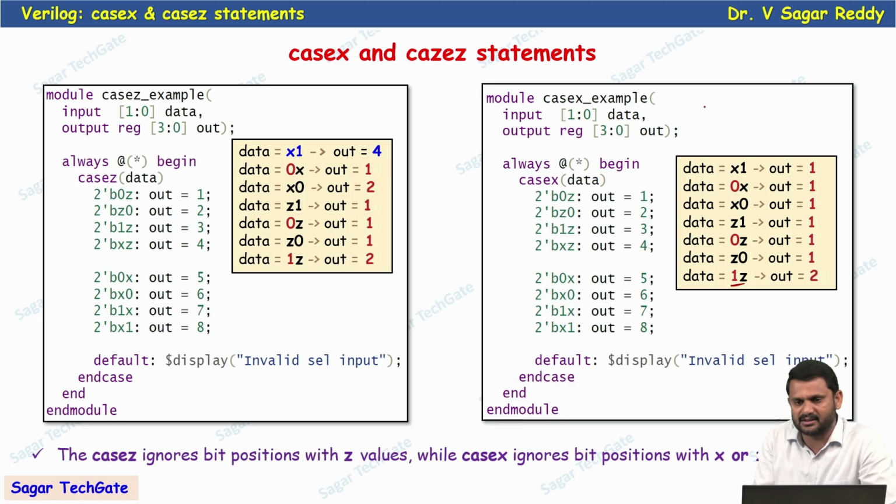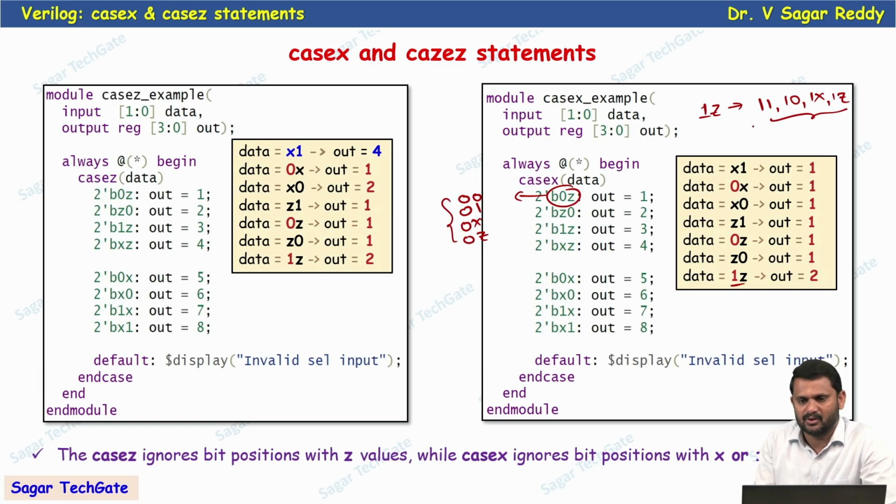So now data is 1z. Z is considered a don't care in case of casex, both x and z. So we can write 11, 10, 1x and 1z. Clear? So now here this 0z, z is considered a don't care. We can write 00, 01, 0x and 0z. Clear?